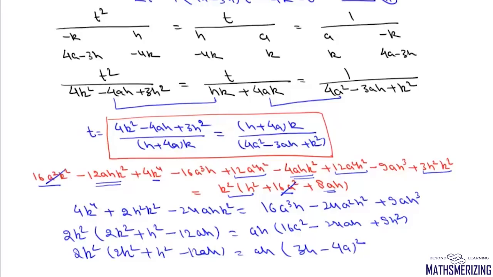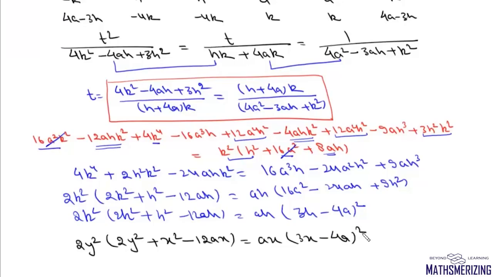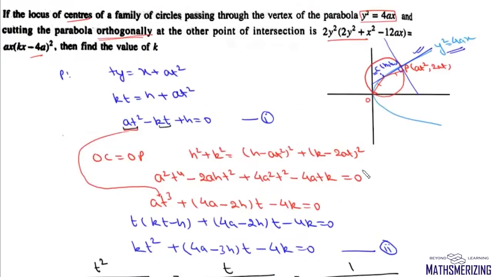Now in the end, we'll replace h with x and k with y. So we can write this locus as 2y square plus x square minus 12ax, and this is ax, and 3x minus 4a whole square.